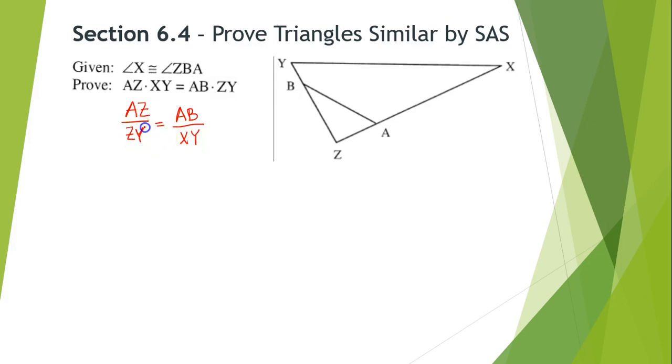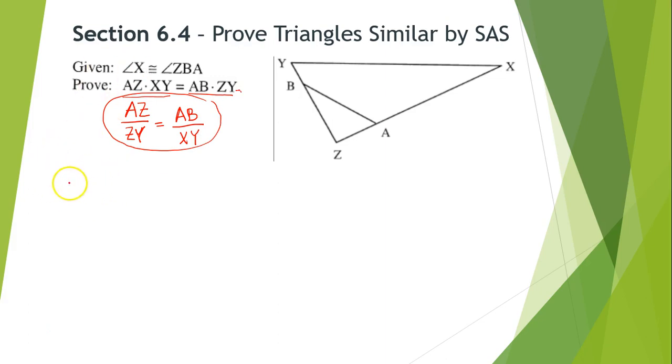Okay, see how if we cross multiply, AZ times XY right here, and that's equal to AB times ZY we get here. So this right here is going to be our second to last statement to get to this point right here.